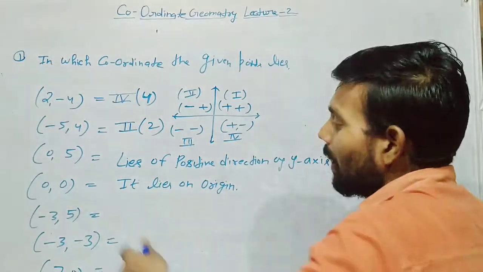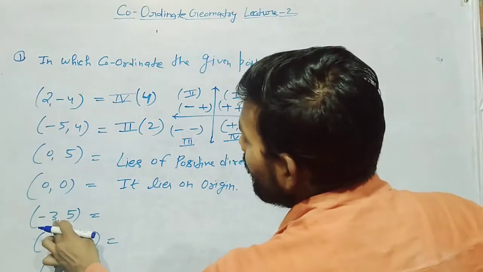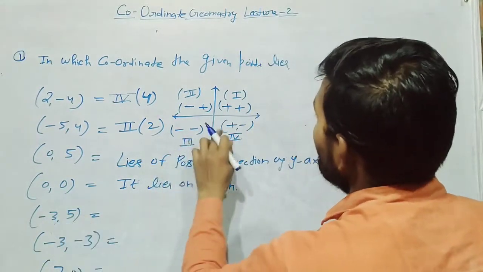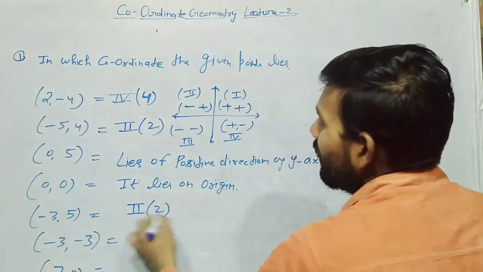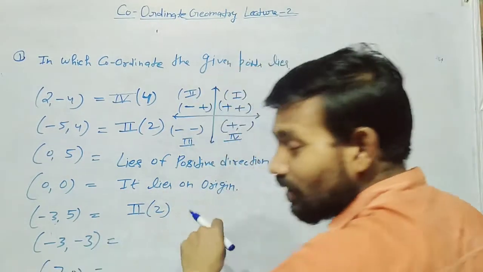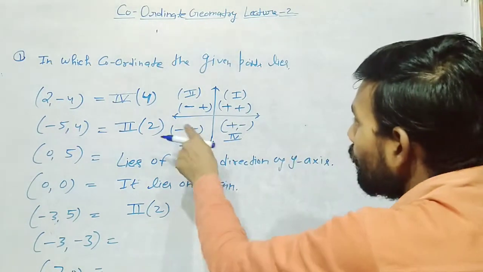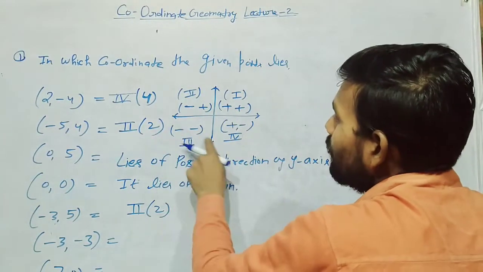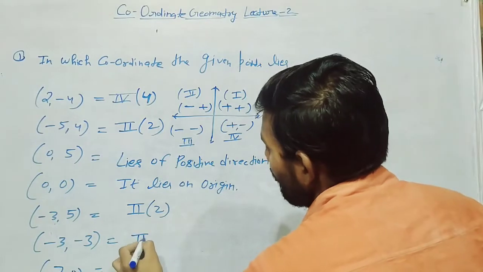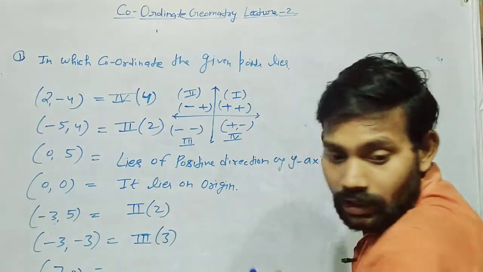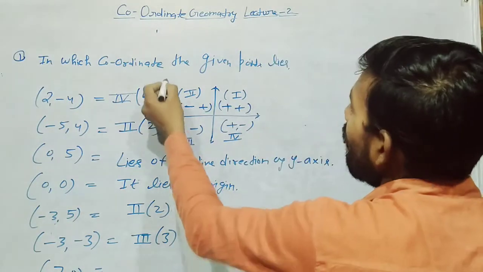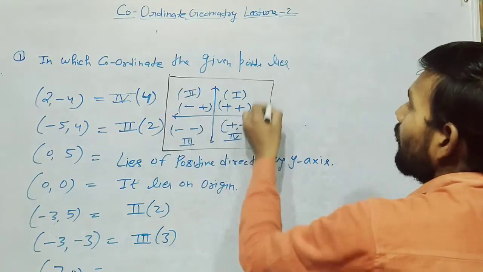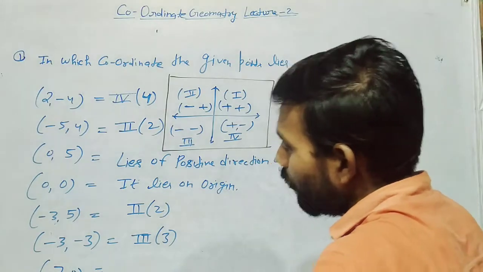Next one, (-3, 5): x is negative, y is positive, that means second coordinate. (-3, -3): x and y both are negative, so it lies in the third coordinate. Next, (7, 0). Where is (7, 0)?